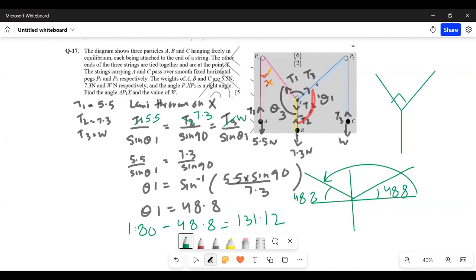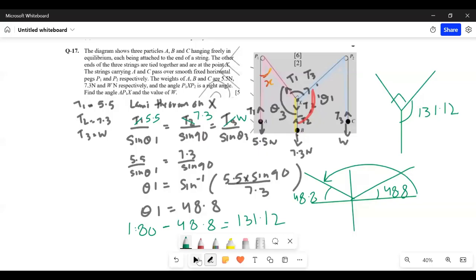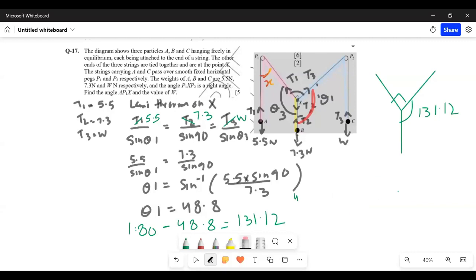131.12। चलो, अब एक एंगल आ गया है, और एक एंगल हमें ऑलरेडी पता था 90 है। उसके ये वाला एंगल आ गया है 131। Now let's find θ3, the third angle, from 360 minus 90 minus 131.12.